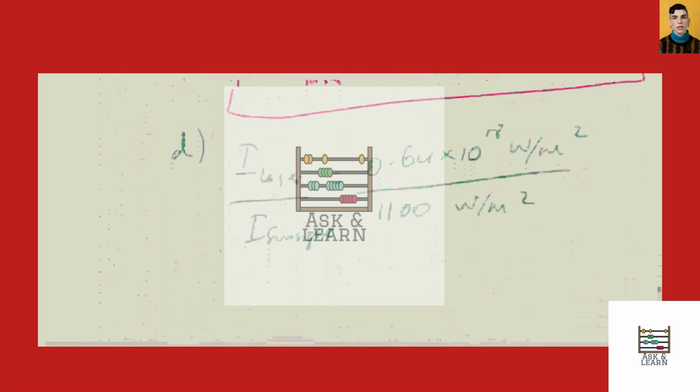And if we simplify this, we end up with 5.82 times 10 to the 14. That's the ratio. If you look at these intensities, we're getting specific ratios. So, if we have 0.64 divided by 1100, that's 5.82 times 10 to the 14. That's the ratio of the laser beam that we're dealing with.